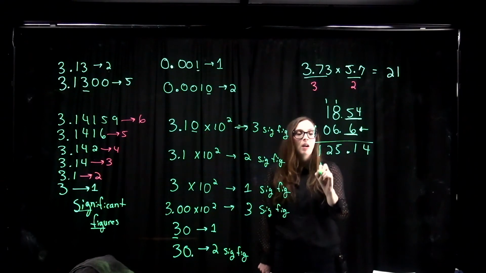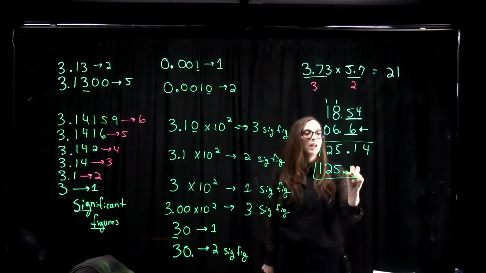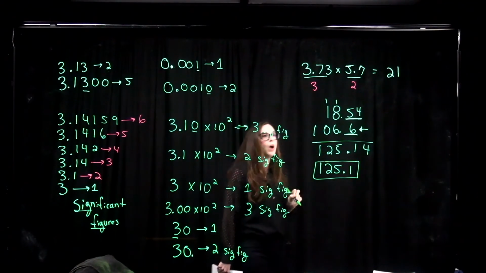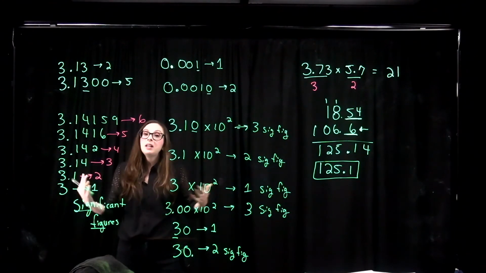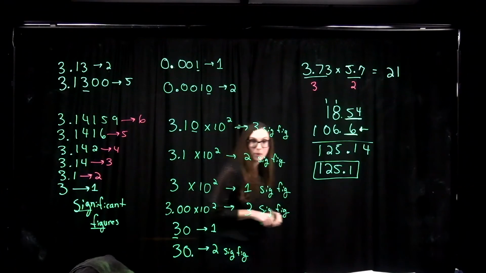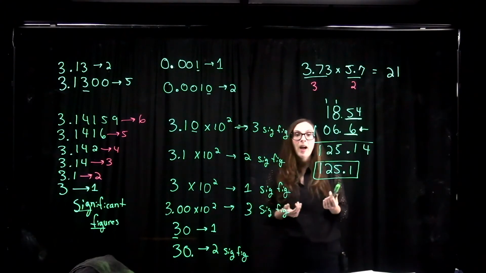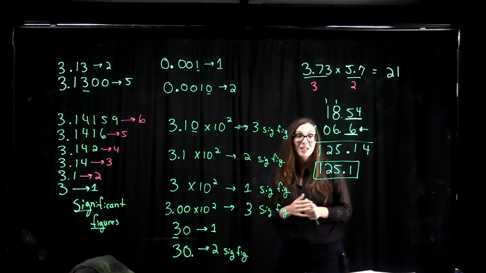So then if I'm worrying about significant figures, my final answer has to be 125.1 instead of the 125.14. Keep as many of those digits as you can while you're working through the problem, and then you can round your final answer to the proper number of significant figures in the end.